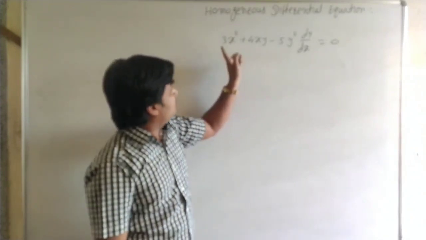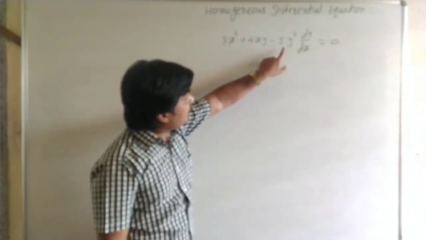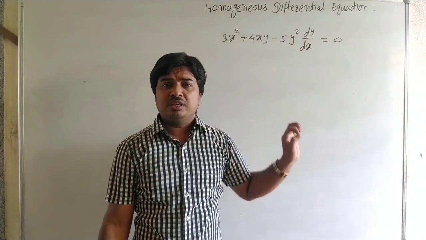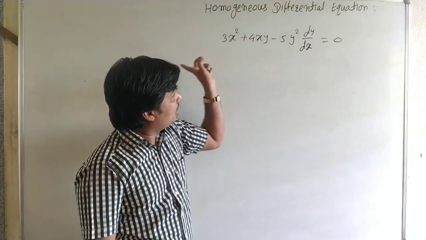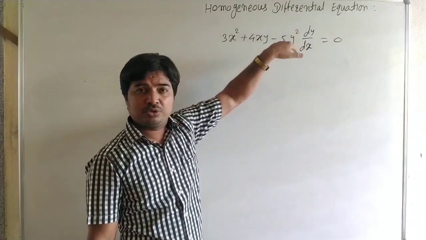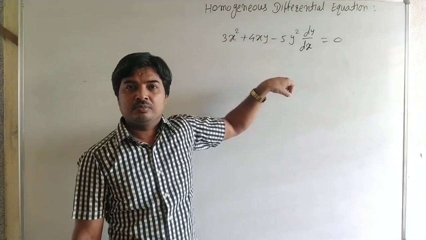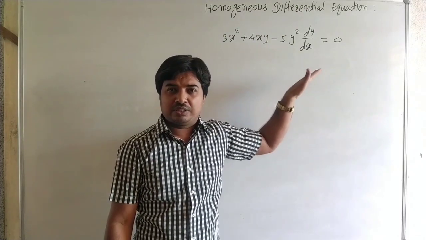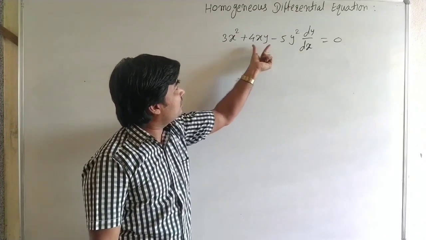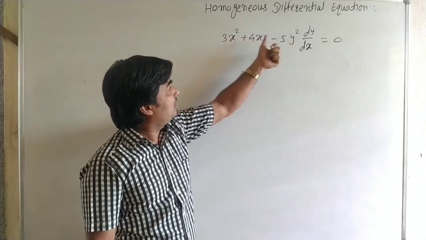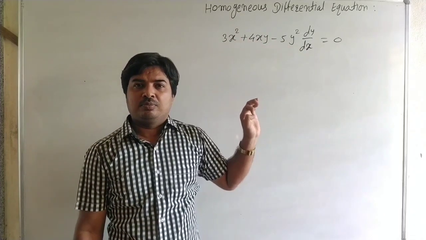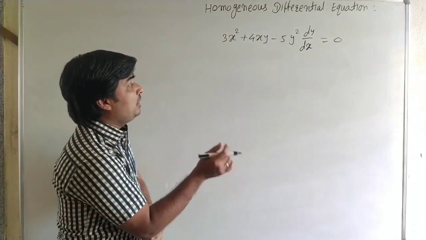First we write 3x square plus 4xy minus 5y square equal to 0. It is only a second degree homogeneous equation. But now in this equation there is a derivative dy by dx. Therefore it is a differential equation, and it is a homogeneous differential equation because the degree of each term is the same.